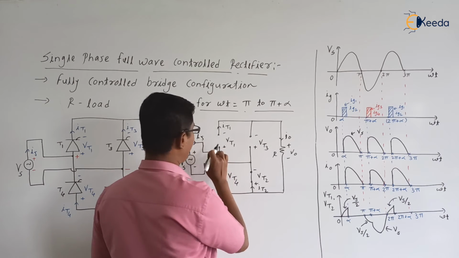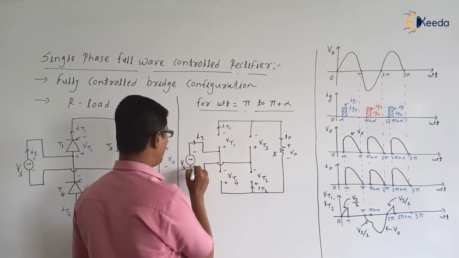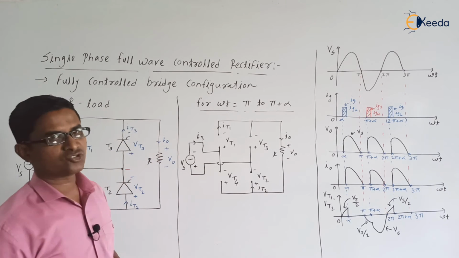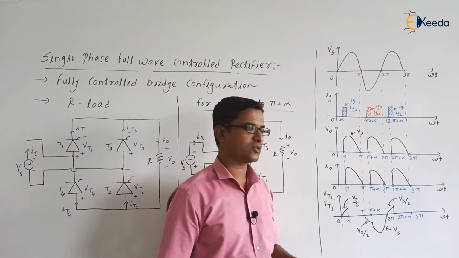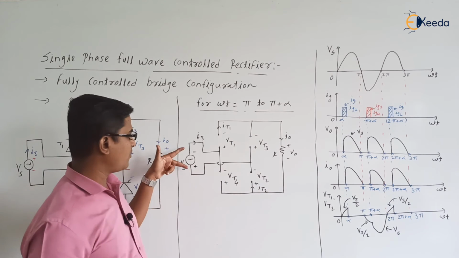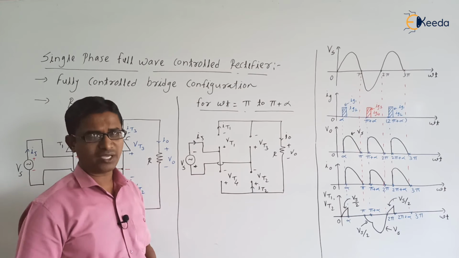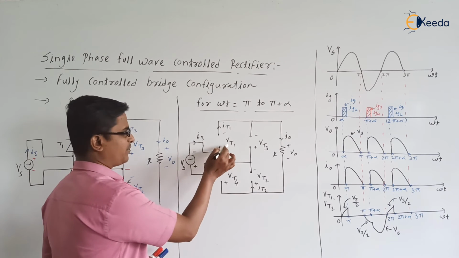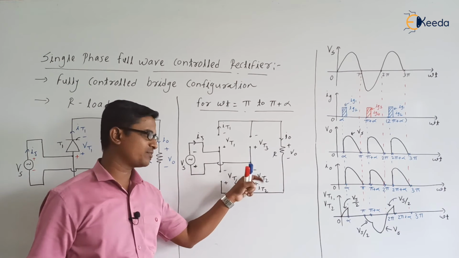Supply voltage is reversed, so it is minus here and here it is plus. So if you check, current flowing through thyristors T1, T2 becomes equal to 0 at omega t is equal to pi. And after that the supply voltage is reversed, so this supply voltage will appear as a reverse voltage for thyristors T1, T2, because the lowest potential will be connected to the anode of thyristor T1 and the highest potential will be connected to the cathode of thyristor T2.